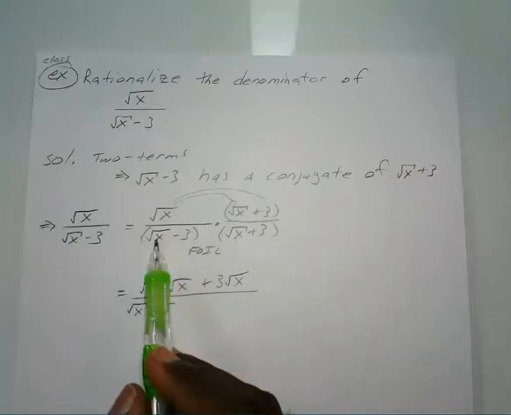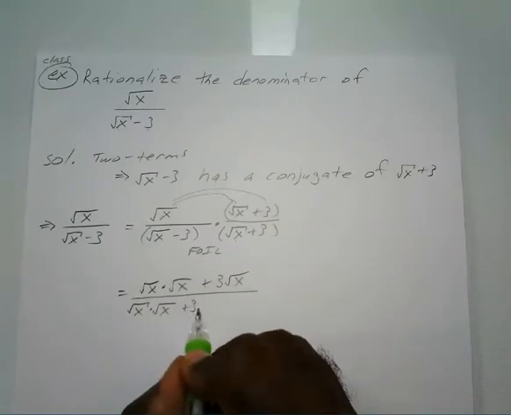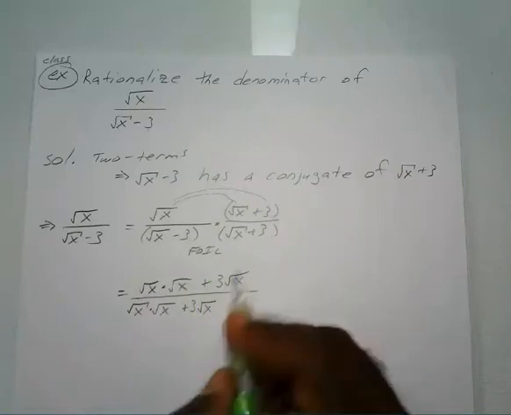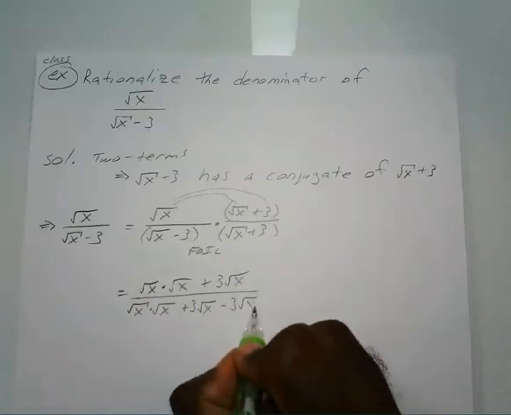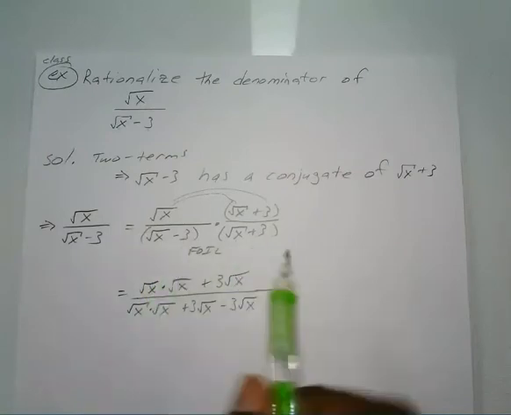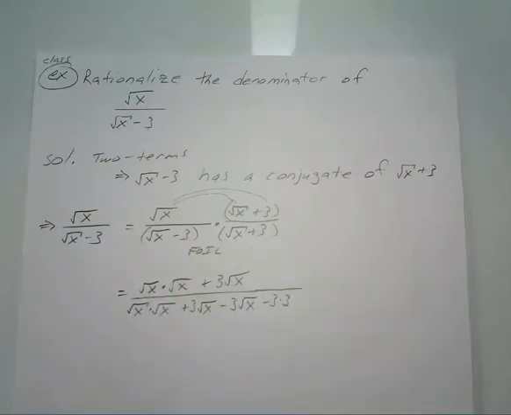Okay, then you have your outer 3 times square root of x. So plus 3 times square root of x. Then you have your inner minus 3 times square root of x. Then you have your last minus 3 times 3. And again, if you want to just put 9, you could. I'm just going through the steps here. So here, you notice the two middle terms cancel each other out.